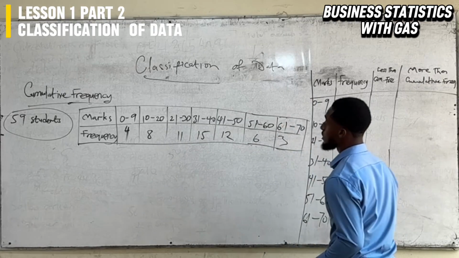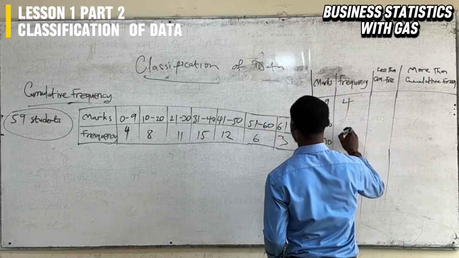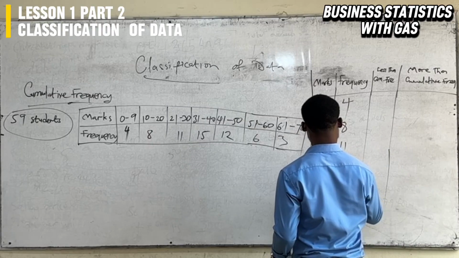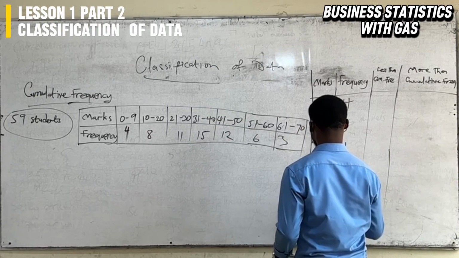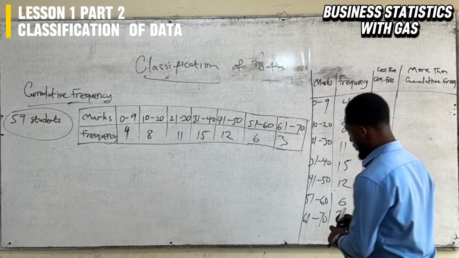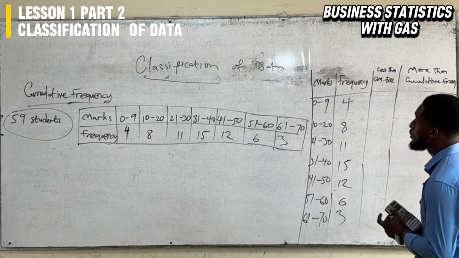And let's state our frequency respectively. We have 4, 8, 11, 15, 12, 6, and 3. So what do we do then?